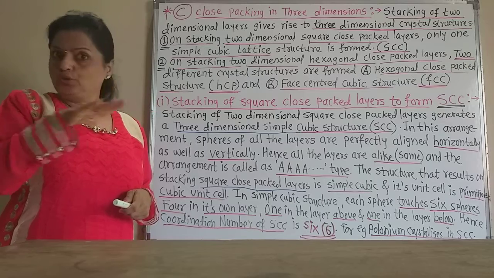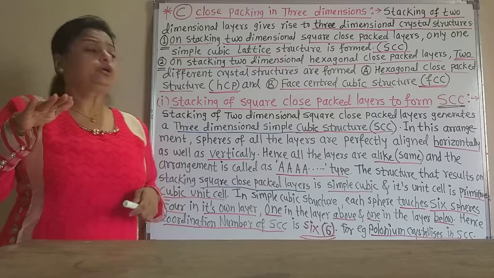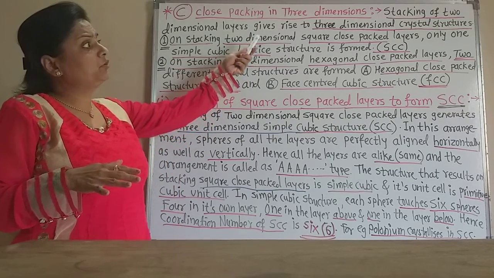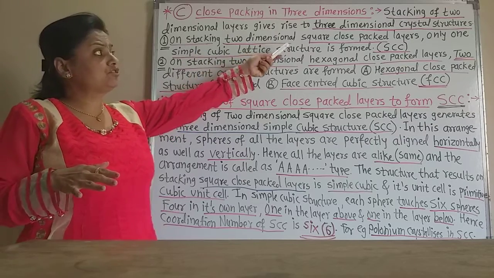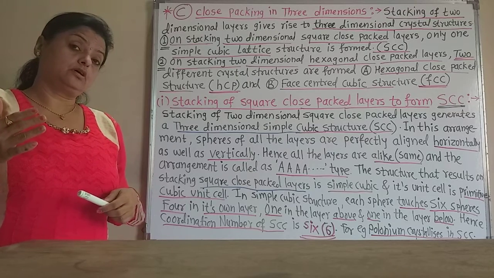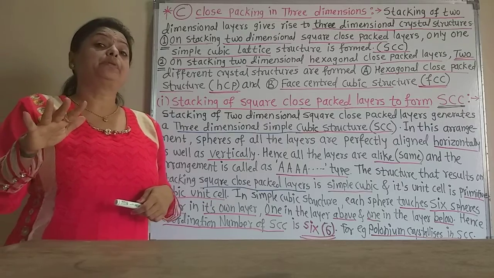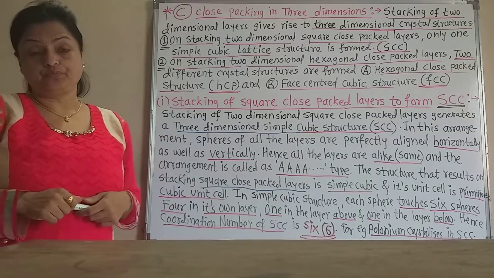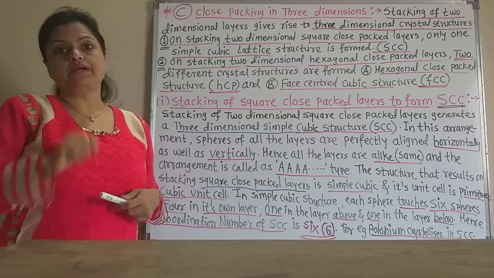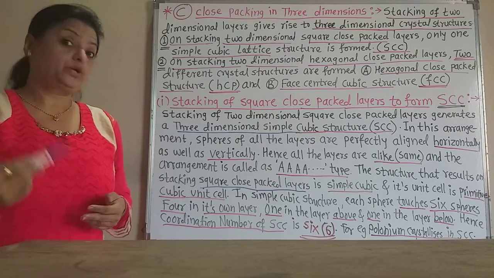We know that in the two-dimensional square close packed structure, the coordination number is 4. In yesterday's lecture I told you that a given sphere touches 4 different neighboring spheres in the square close packed layer in 2 dimensions.